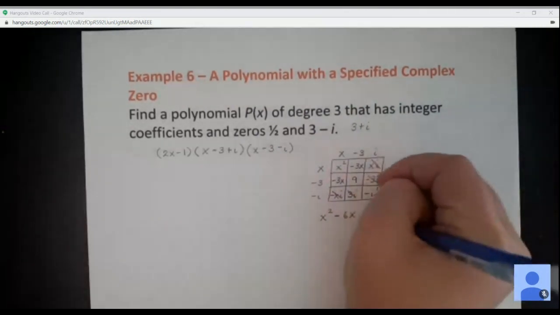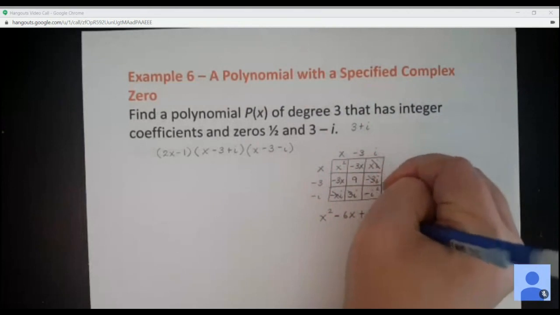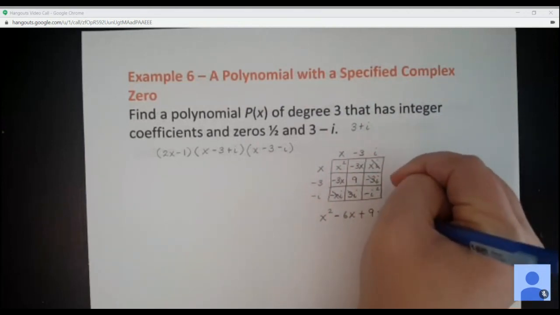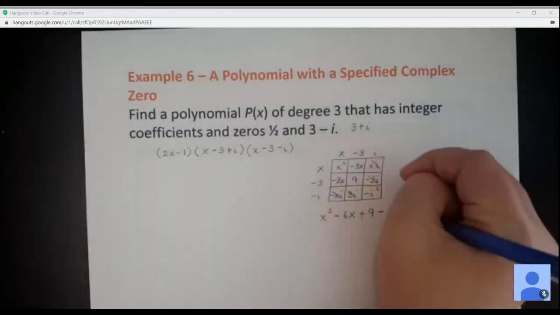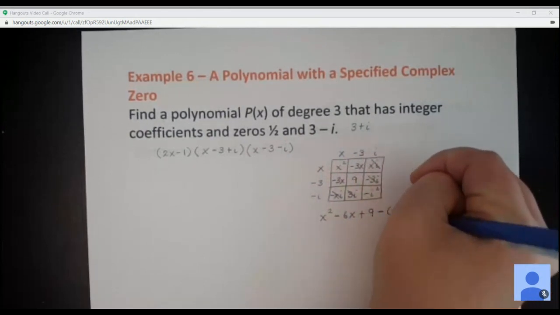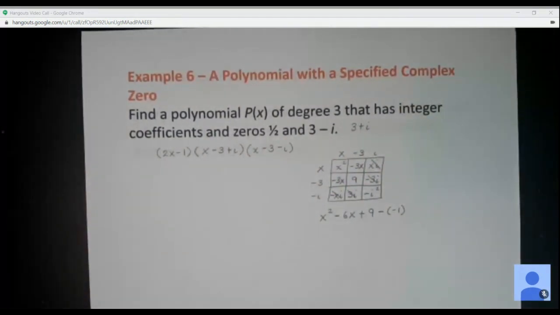And now I'm left with this positive 9 and this minus i squared. But what do we know i squared is equal to? Negative 1, right? I'm just going to change this right here to minus negative 1 instead. Again, anytime you see one of those i squareds, just think that's negative 1.